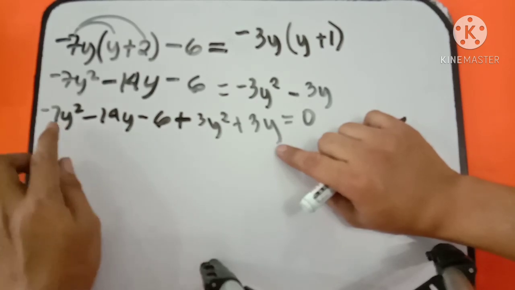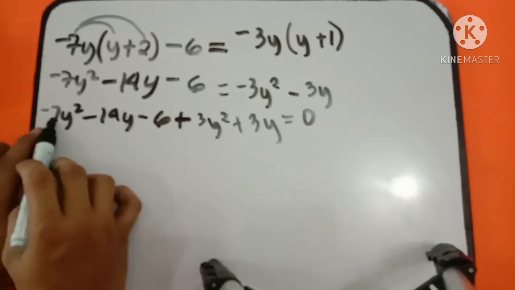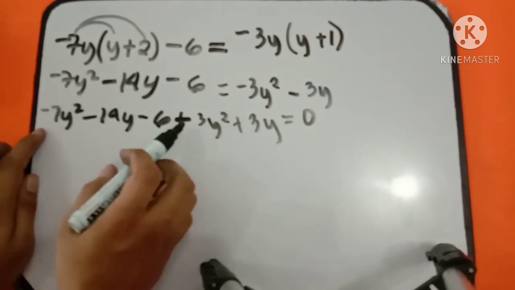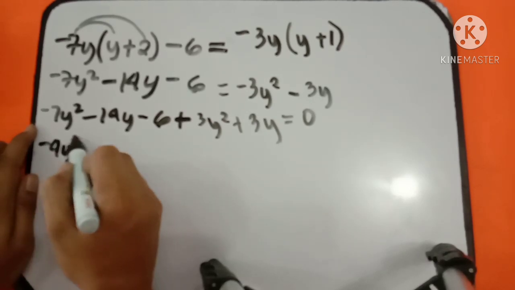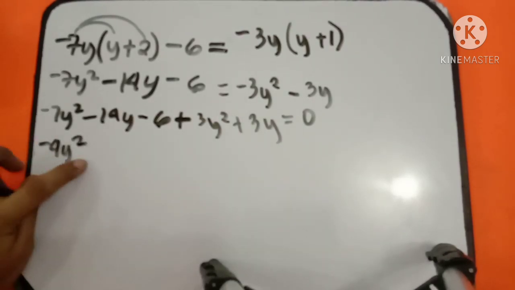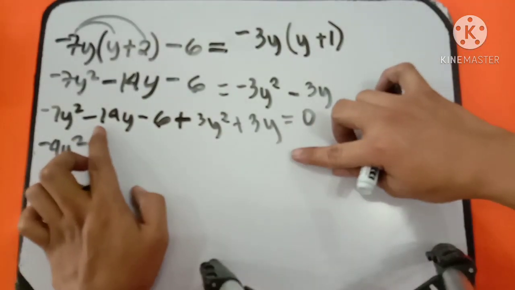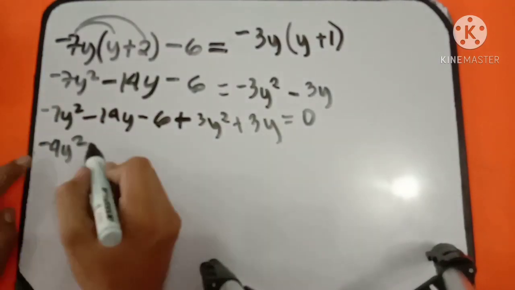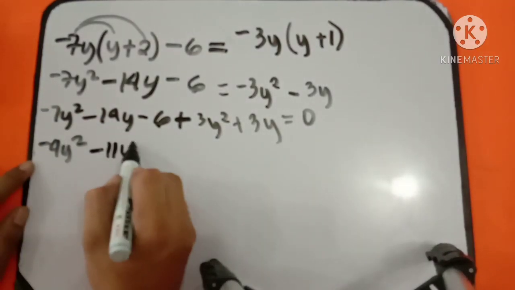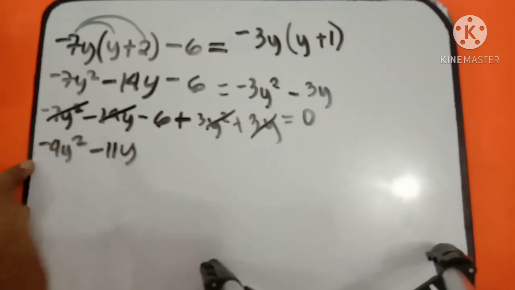So first we have to combine the quadratic term, which is the y squared. So negative 7 plus 3 will give us negative 4. Then copy the common variable y squared. Then for the linear, negative 14 plus 3 will give us negative 11y. So cancel this one because we already combined that.